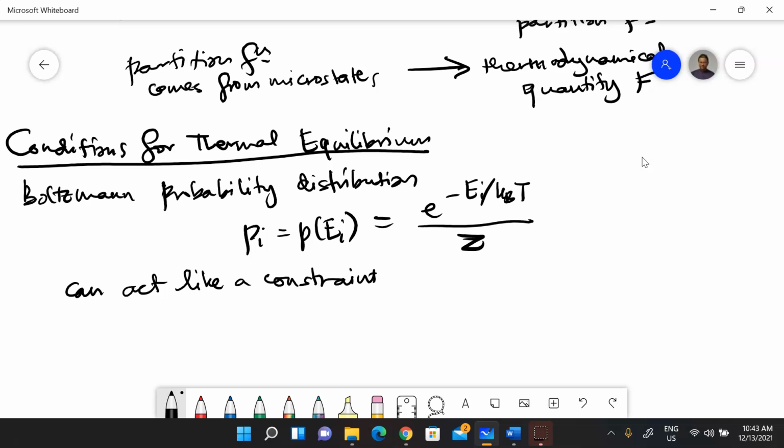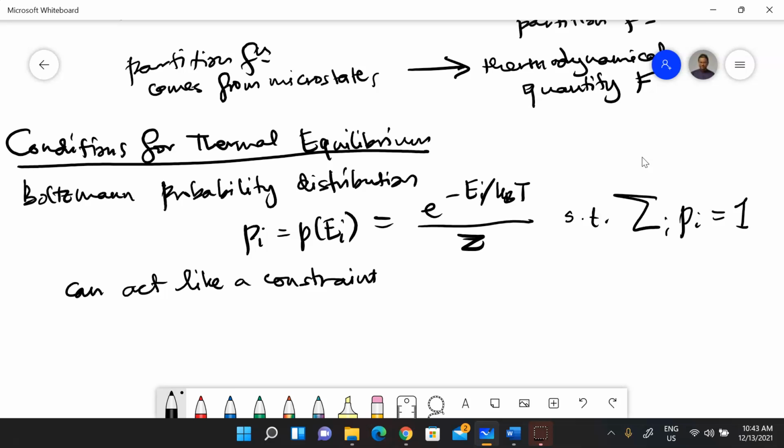So in other words, this form is itself just like a constraint.